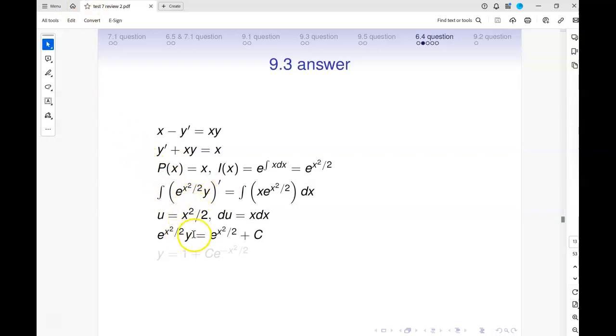Here, the derivative cancels the integral. When I do the u sub and integrate, it's just e to the u. The integral of e to the u is just e to the u. Then I have my plus c at the end. To get the y by itself, I divide by e to the x squared over 2. That cancels there, and then I have plus c. I wrote that with a negative exponent rather than a fraction because it's much easier to typeset with a negative exponent, but the fraction would have been fine.